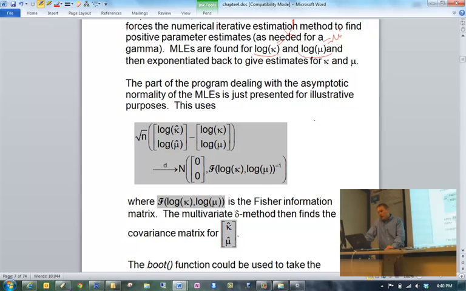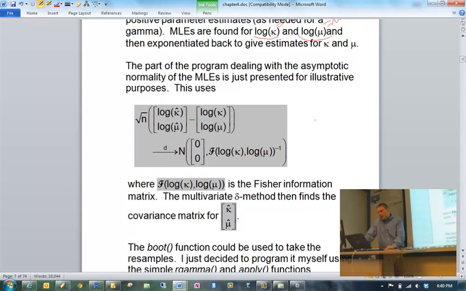Also, in this code coming up, you're going to see me do some comparisons to the asymptotic distribution for these maximum likelihood estimates. And since we're working with the log scale now, I needed the log kappa hat, log mu hat asymptotic distribution.